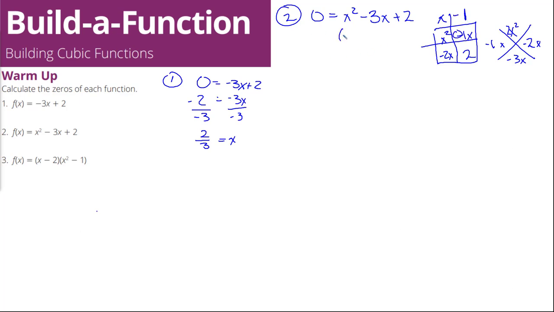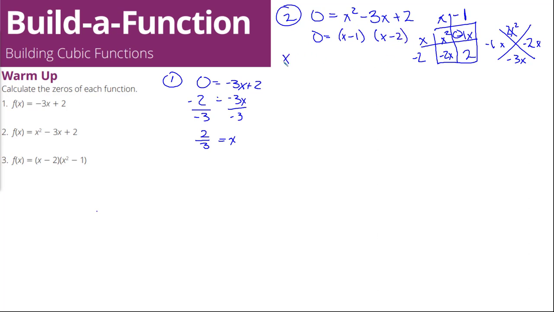So my first factor is x minus 1. My second factor, what can go into this first row? X. Okay. What can go into the second row? Negative 2. So that gives me my second parenthesis.